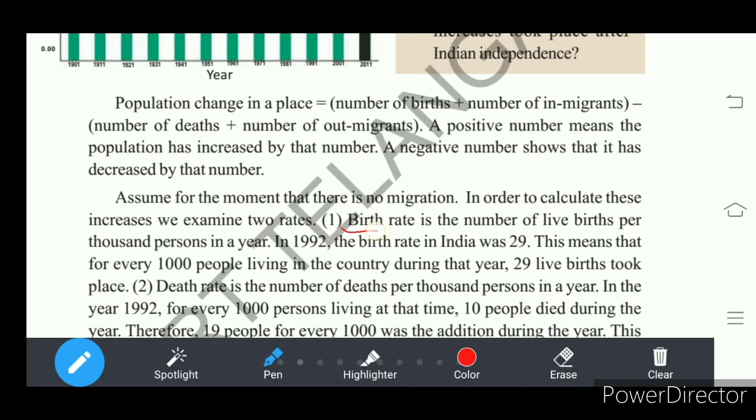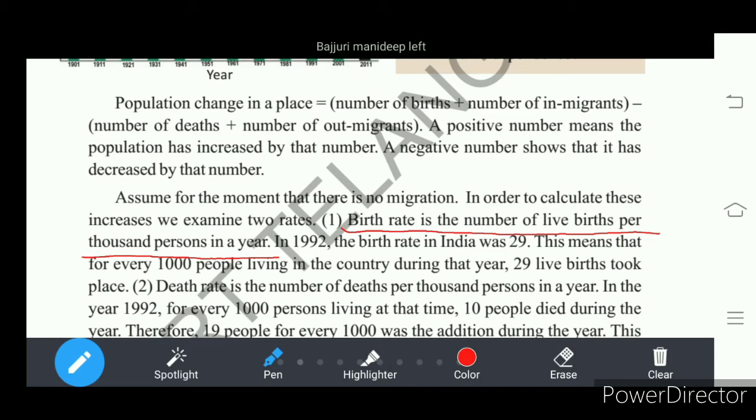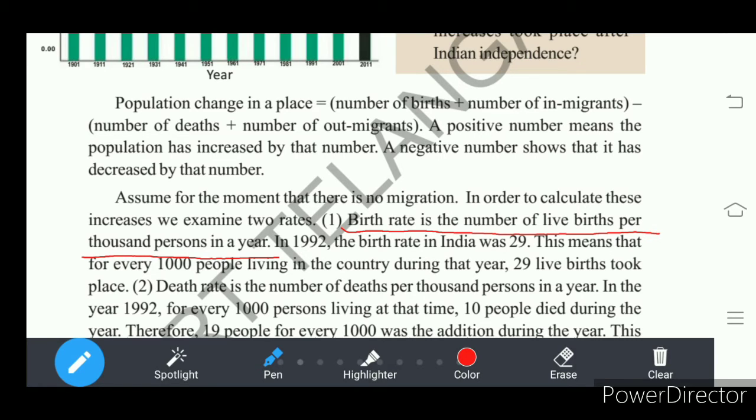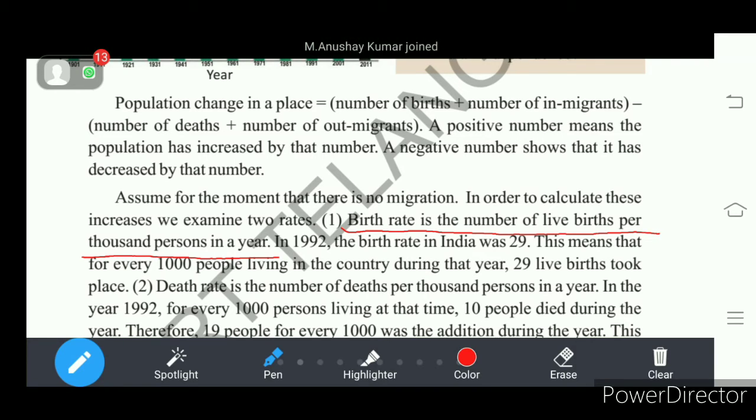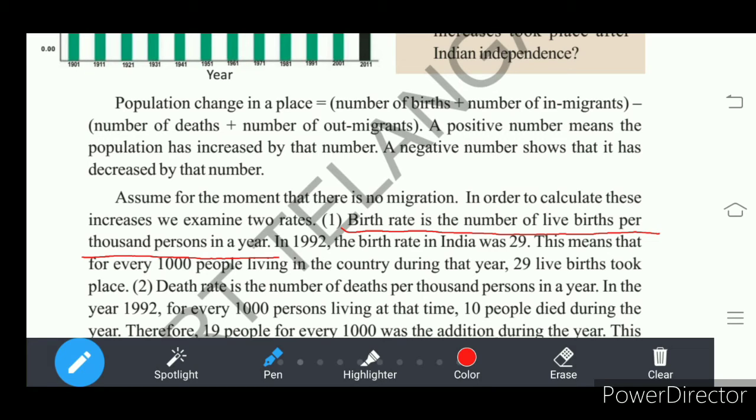Per year, for 1,000 persons, how many births are taking place is called birth rate. So how was the birth rate in 1992?